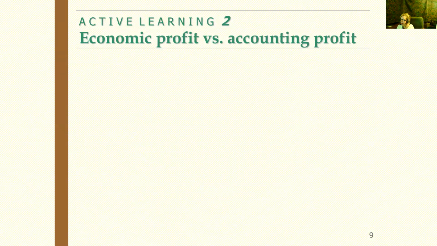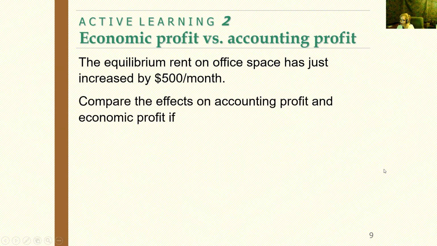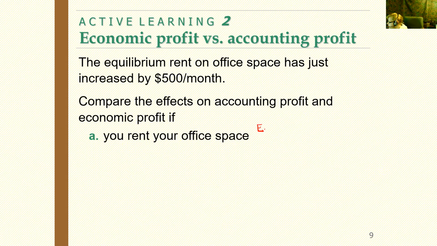Okay, let's take a look at another example. The equilibrium rent on office space has just increased by $500 a month. Compare the effects on accounting profit and economic profit if you rent your office space. Okay, so if you rent your office space, then your explicit cost, how much you're paying for your office space, is going to increase by $500 per month.